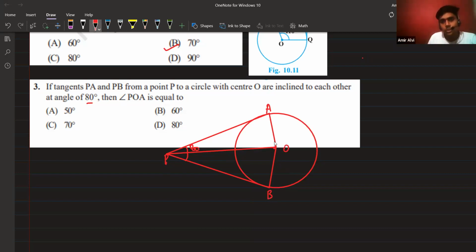If its whole is 80, this will be 100, since the total is 180. If I draw a line, it will divide this angle into half. 100 divided by 2 is 50. So this part will be 50.